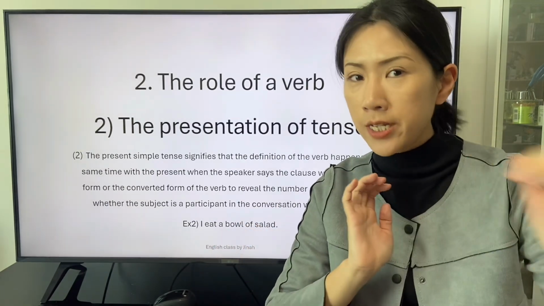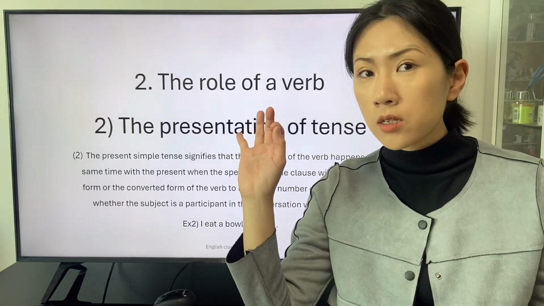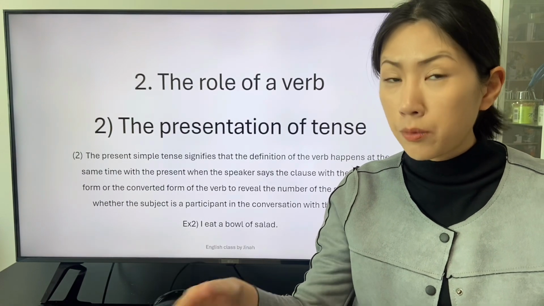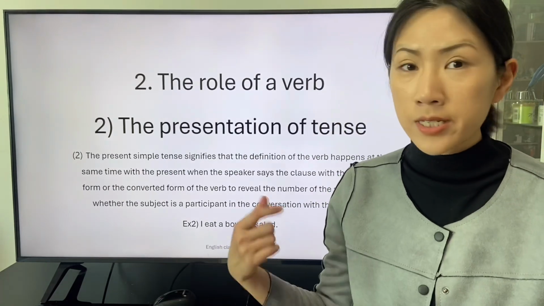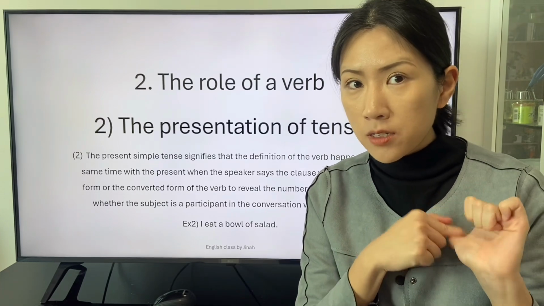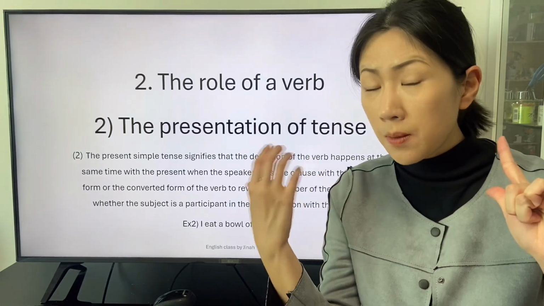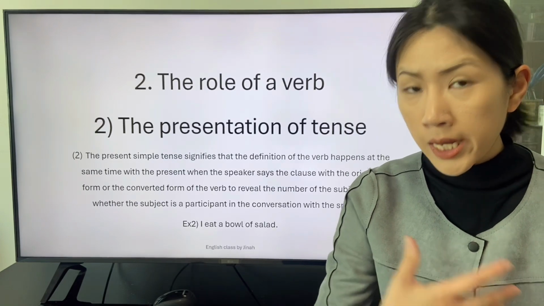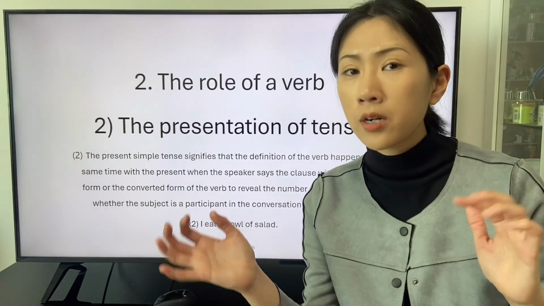The speaker and the listeners are also conscious that plural subjects are more important than the singular subject, that the number of the subjects is plural and the subject is a participant in the conversation with the speaker and the listeners.